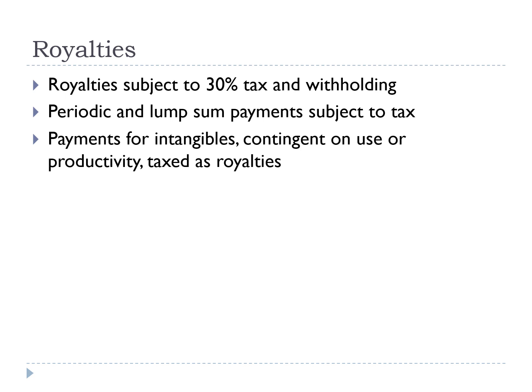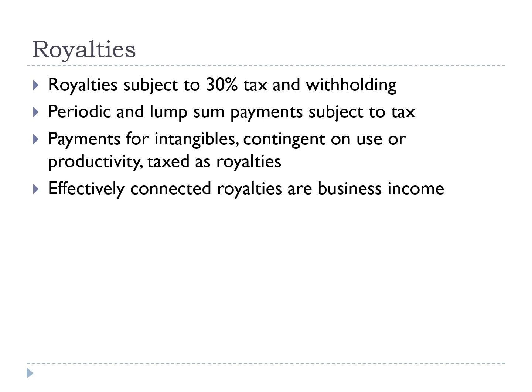In addition, where less than the seller's entire rights in the property are transferred, then payments may also be recharacterized as royalty. Finally, royalties that are effectively connected with a U.S. trade or business are not subject to 30% tax and withholding.